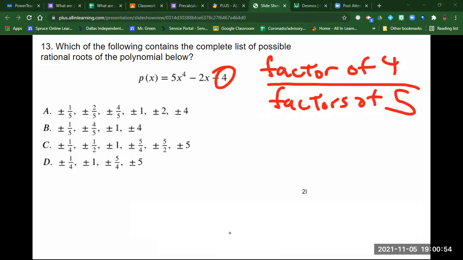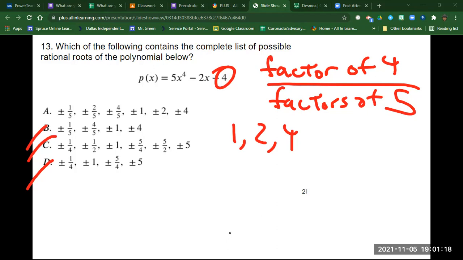So, all right, we need the factors of 4, which are 1, 2, and 4. So we're looking for something with 1, 2, and 4. And let's see, we don't see this, we don't see that. So just to make sure, because you have to have the factors of 4.